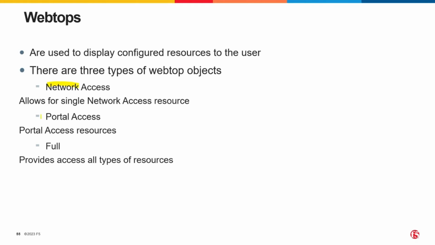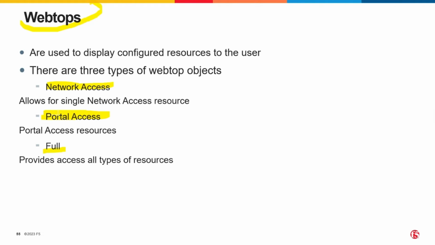So network access, so full tunnel VPN, portal access, or whatever it is. And those webtops also have different types. Depending on what kind of access you want, you can have a single webtop which allows you to only connect with full VPN, or maybe only portal access for a single application.